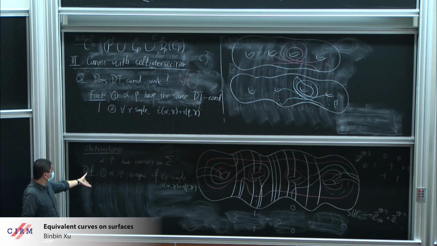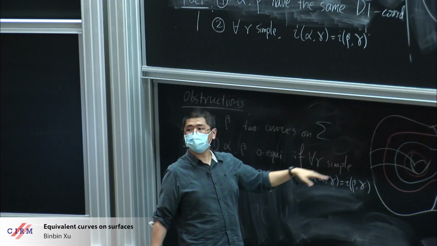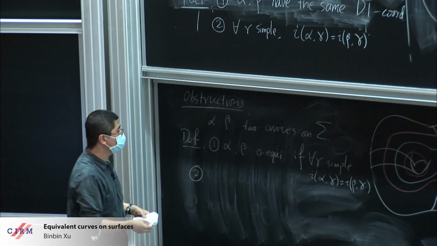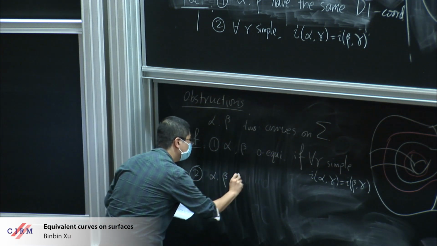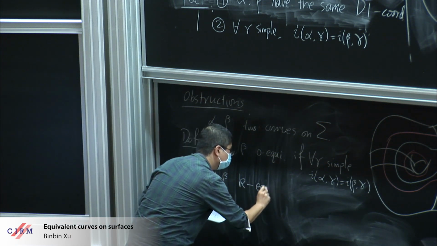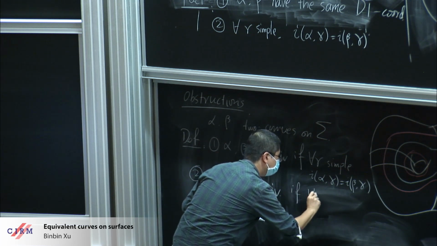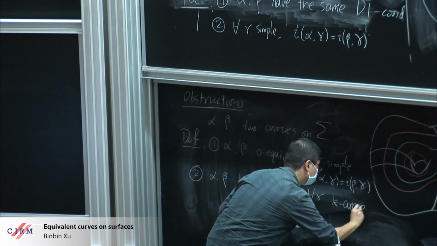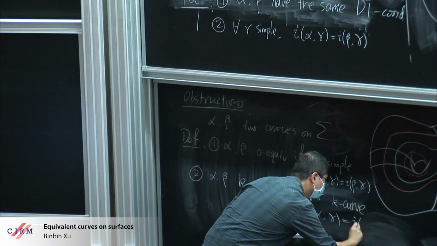And we can generalize this definition by considering not a simple curve but a k-curve, and in this way we get other equivalence relations between alpha and beta. So alpha and beta are k-equivalent if for any gamma which is a k-curve, we have I(alpha, gamma) equals I(beta, gamma).